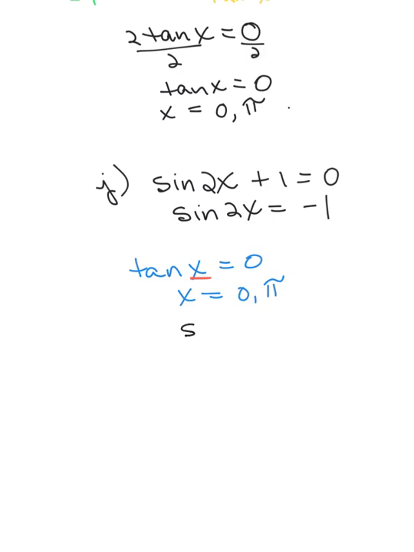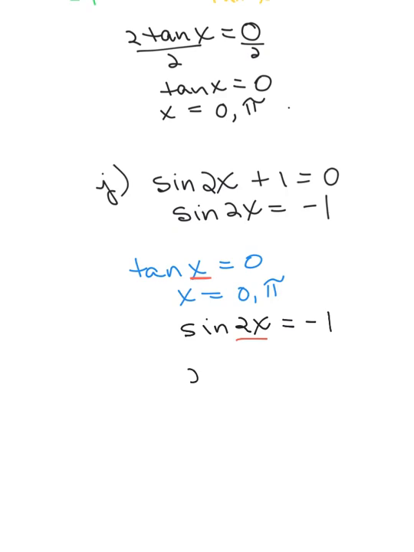Going back to where we were on J, we had that the sine of 2x equals -1. So we have to ask ourselves, at what angle does sine equal -1? That happens at 3 pi over 2. So now we are going to take the argument equals angle.